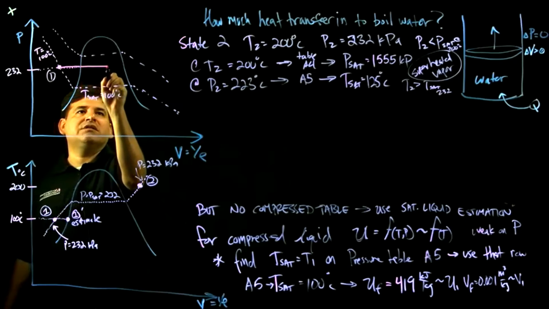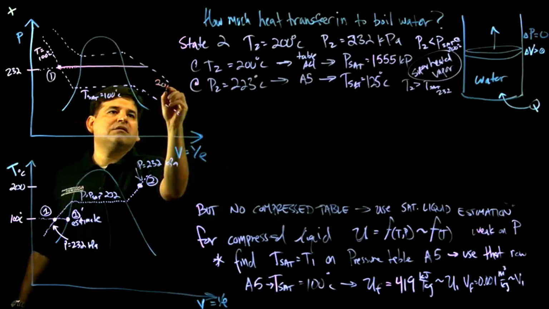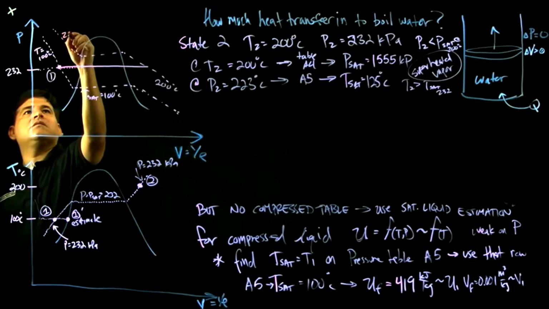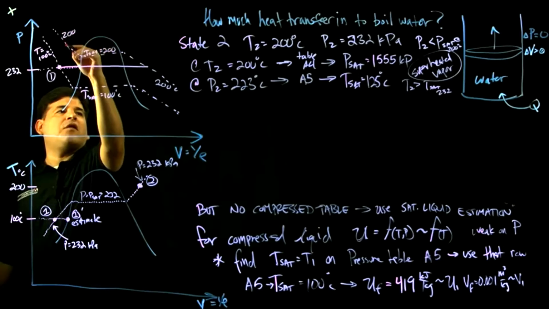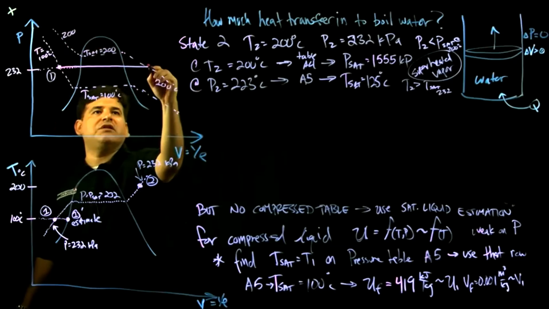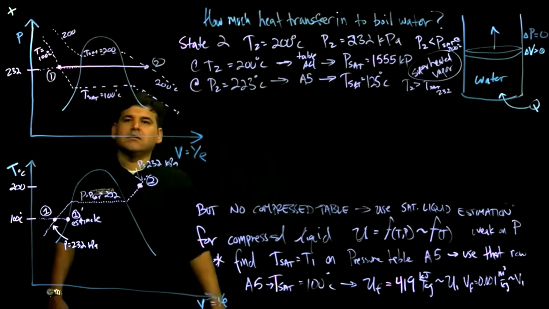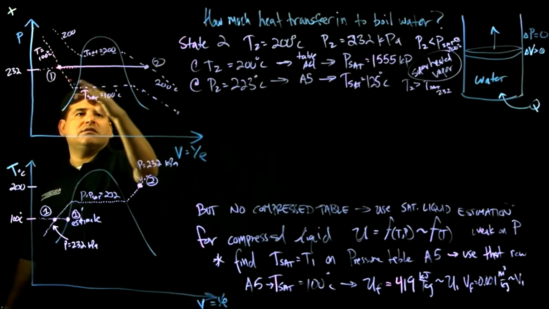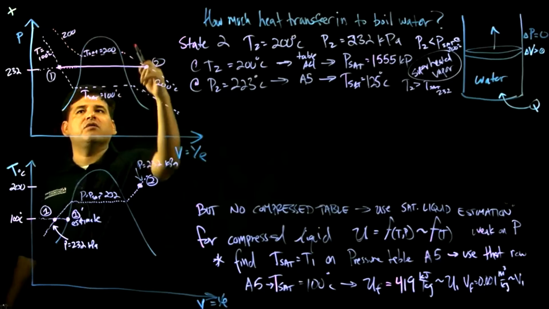But as we just looked in the steam tables, the only way to be 200 Celsius is to fall back on this temperature branch here, all the way in the superheated region. So these are the 100 temperature isotherm, and this is the 200 Celsius temperature isotherm.